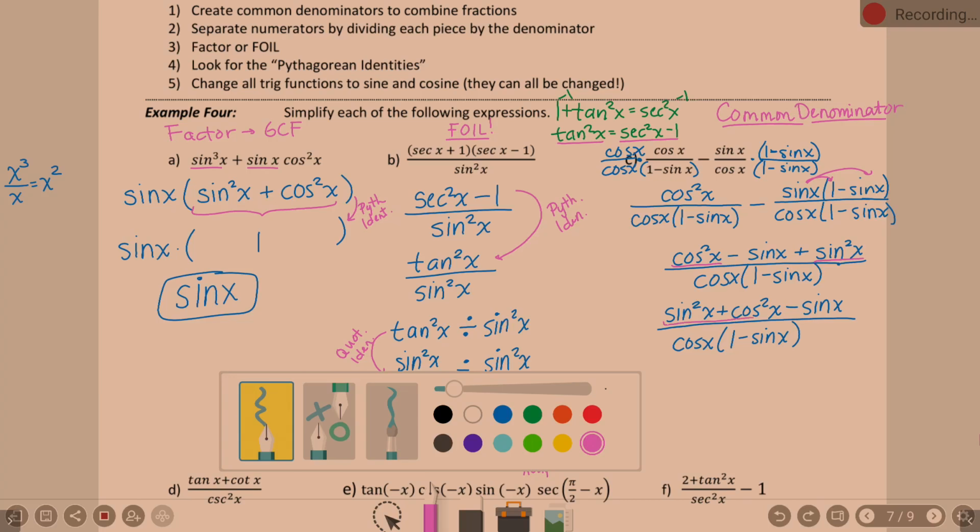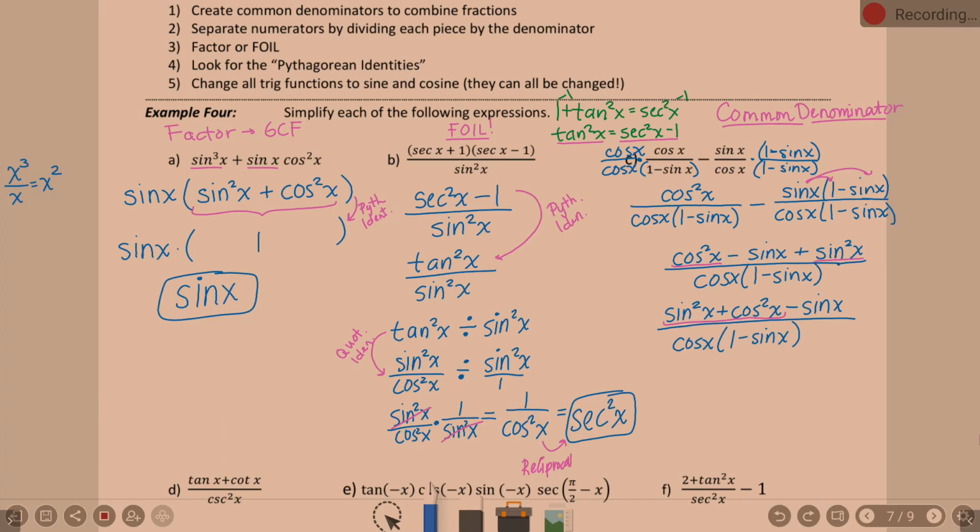There's a sine squared plus a cosine squared, which can be replaced with a 1. So on top, I have 1 minus sine x over my denominator, which is cosine x times 1 minus sine x. This was indeed a Pythagorean identity, if you want to write that note to yourself. On top, our entire numerator is 1 minus sine x.